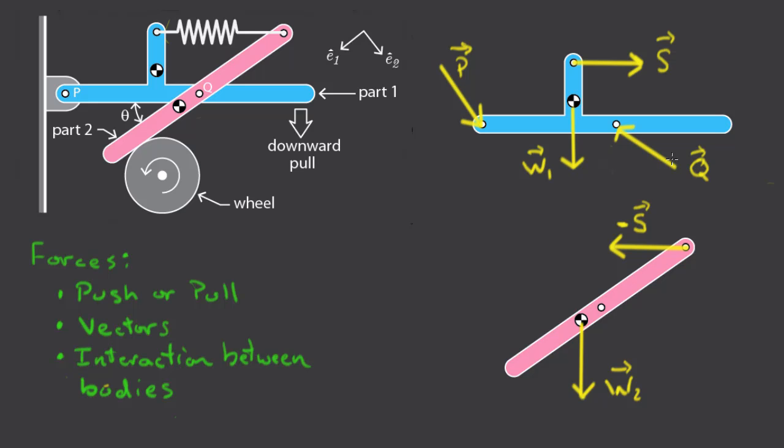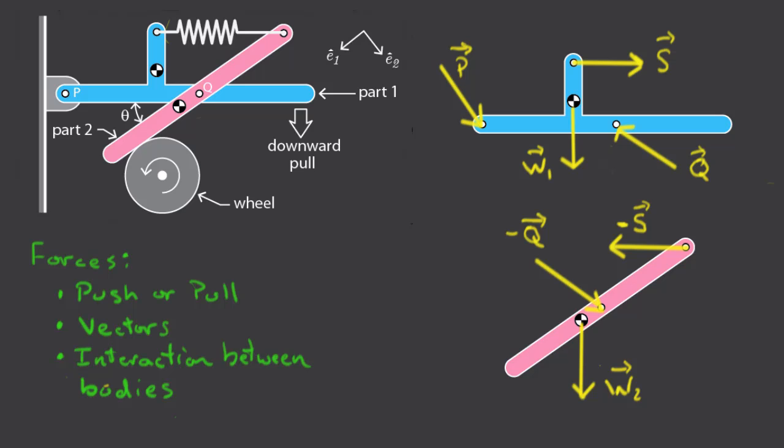That has to be reflected in our free body diagrams. So let's put this in here. I'm going to try to draw this. Equal in magnitude, opposite directions. That looks pretty good. So if Q is the label for that force on part 1, then the force on part 2 is exactly equal and opposite, so I'm going to call it minus Q.